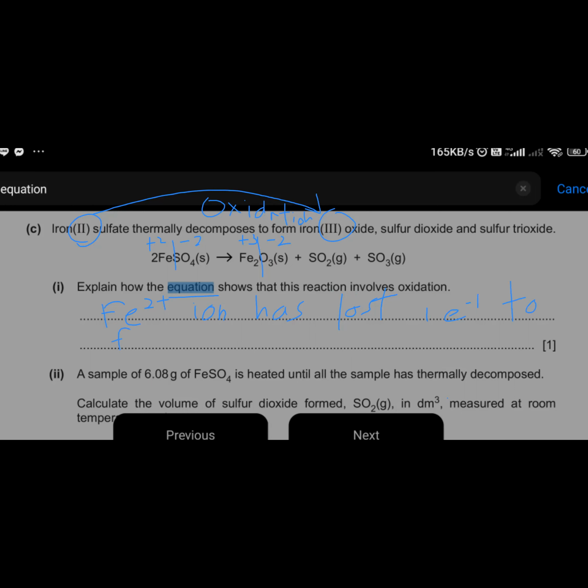To form iron 3 plus ions. You need to write this stuff. Carelessness counts a lot in this subject, right? If you can't be bothered to write these words chosen carefully, you're not a science person.